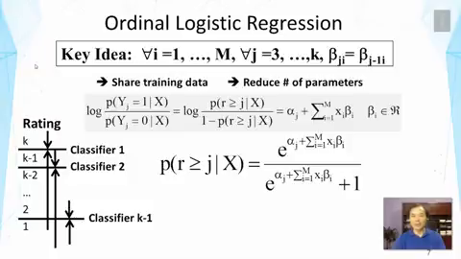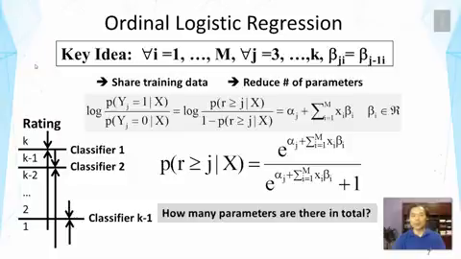However, each classifier still has a distinct alpha parameter. The intercept is different, and this is of course needed to predict the different levels of ratings. So alpha sub j is still different; it depends on j. Different j has a different alpha, but the rest of the parameters, the betas, are the same. Now you can also ask the question, how many parameters do we have now?